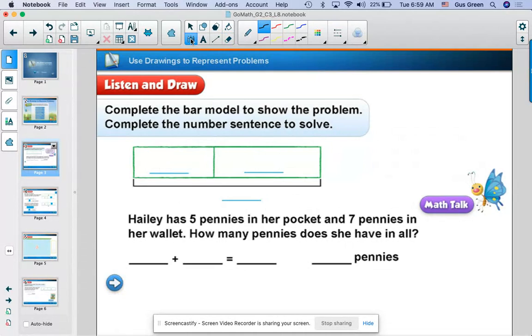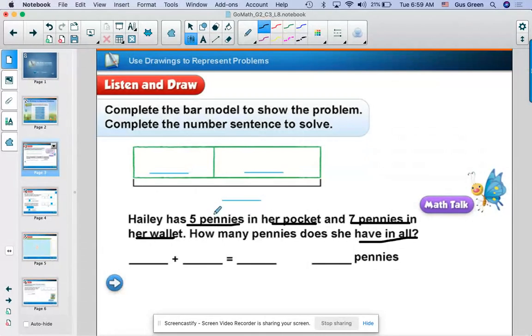And let's go ahead and jump right into the problem. Haley has 5 pennies in her pocket and 7 pennies in her wallet. How many pennies does she have in all? So this is a part whole problem, and we know both parts, but we don't know the total. We know she has 5 pennies in her pocket and then 7 pennies in her wallet.